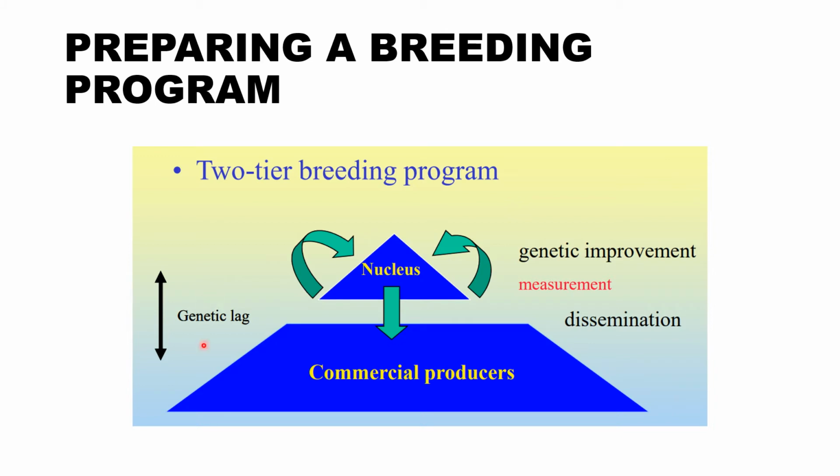So when we say genetic lag naman, it is the time it takes for a genetic improvement made in the selection program of the nucleus farm to trickle down to the commercial market or itong commercial producers. So, yun yung genetic lag. Kasi sa nucleus farm mo, dito talaga nai-improve yung genes ng mga animals mo, ng mga breeder natin na mga pigs. Pero, pag dinisseminate mo na ito sa mga commercial producers, yung na-improve mong genes dito sa mga swines mo dito sa nucleus, merong lag, may delay na magaganap.